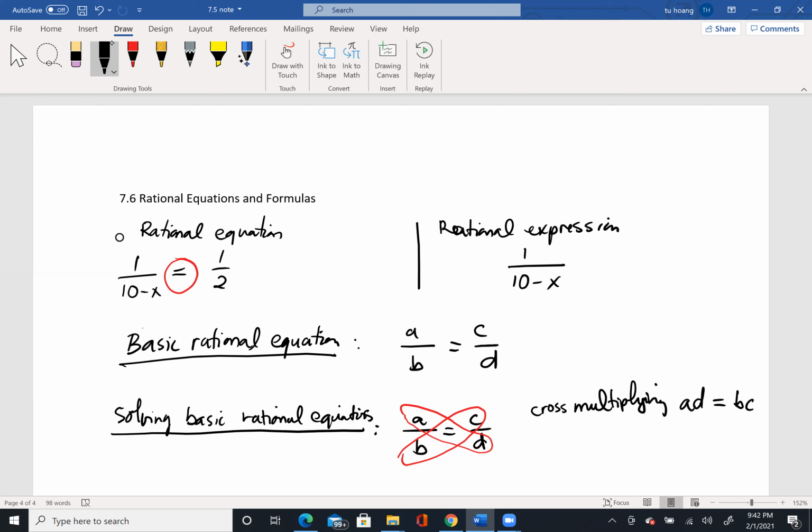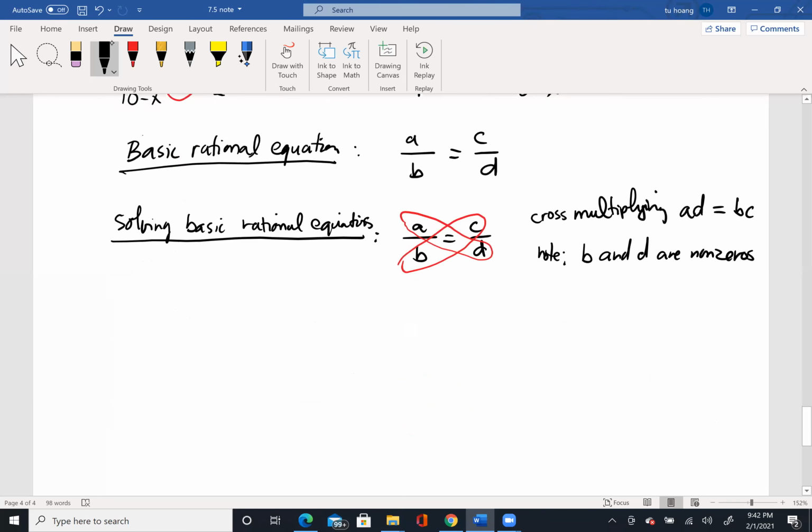Keep in mind, note that b and d are non-zero.